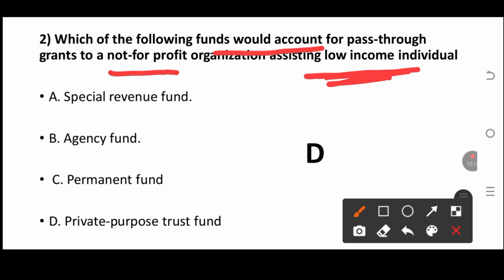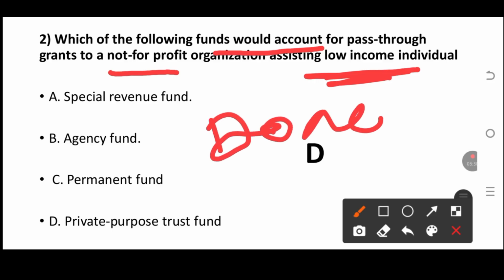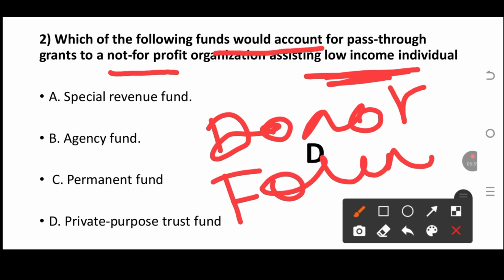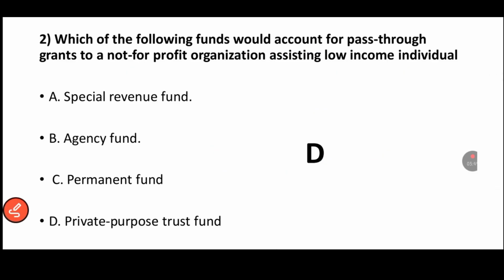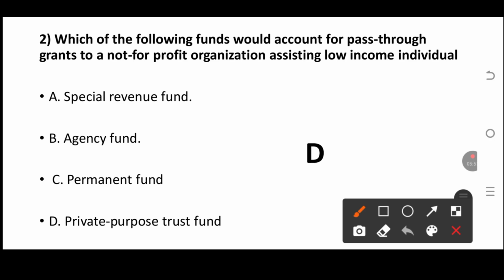Basically, a pass-through grant for a non-profit that assists low-income individuals is funding received from a donor, a foundation, or some government agency that the non-profit must transfer to a specific beneficiary.